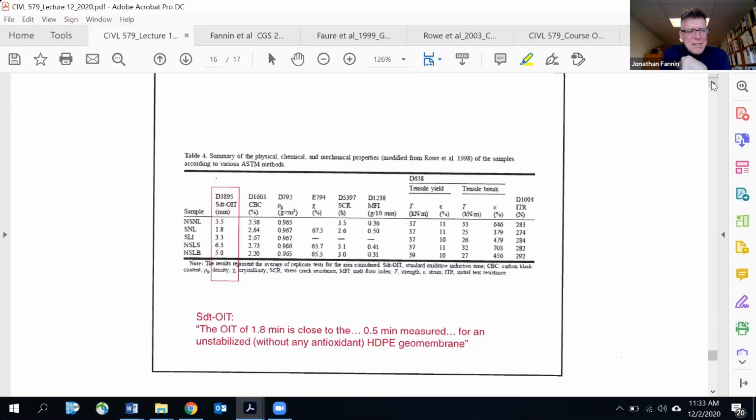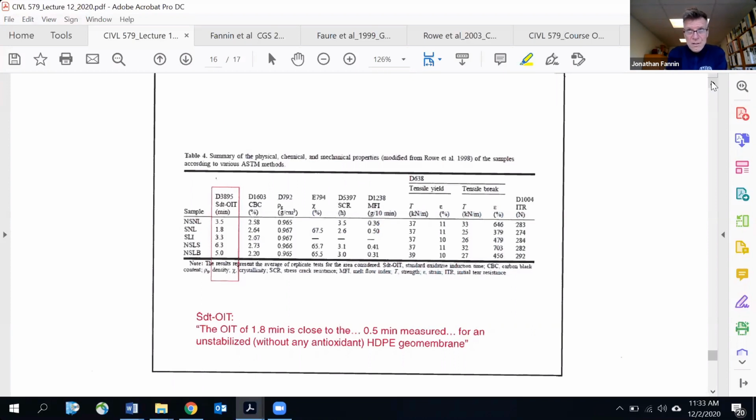It's an ASTM test, and you put a sample of the geomembrane in a cylinder, and you elevate the temperature, then you introduce oxygen, and the oxygen then starts to eat the antioxidant package. And once it's eaten its way through the antioxidant package, the geomembrane actually combusts. So you can measure the time, basically, that it takes in this little index test, the OIT test.